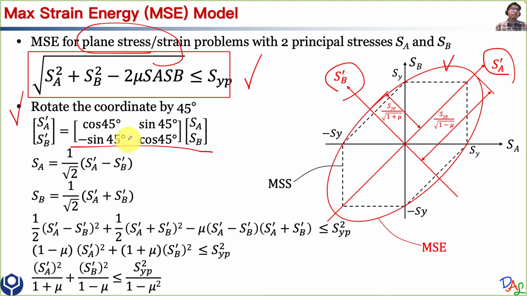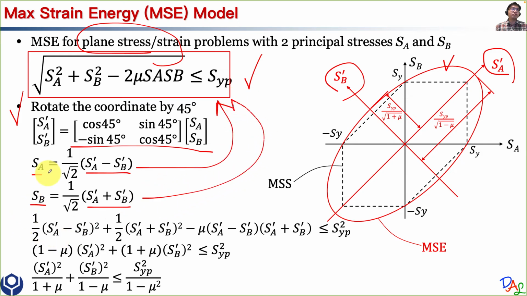Basically, this is a rotation matrix. So I can derive how SA and SB will be related to SA prime and SB prime. Once I have that, I can plug it back into the original equation.